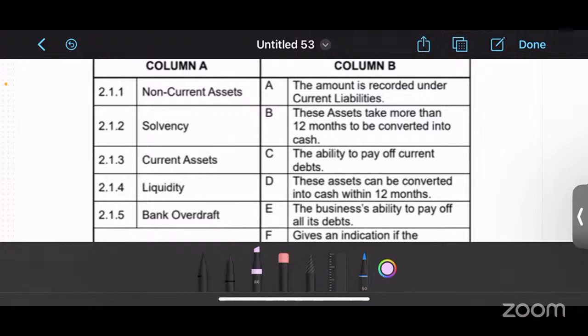We have two 12 months here, B and D. Did you say D? Yes, ma'am, I said D. This is non-current asset. So when you say non-current assets are assets that can be converted into cash within 12 months, is that what you're saying? Yes, ma'am.